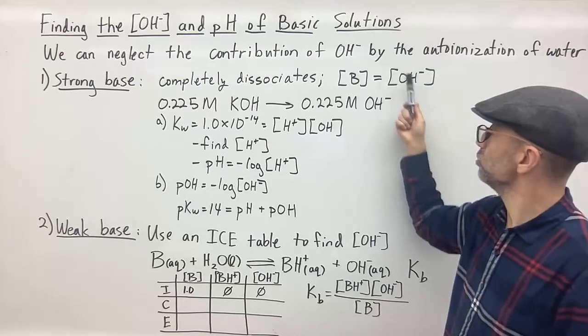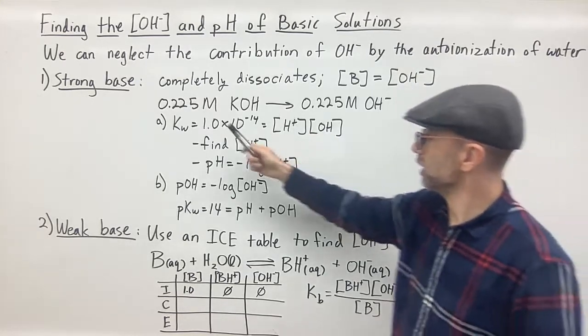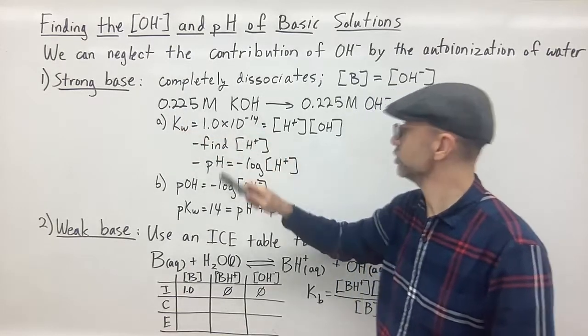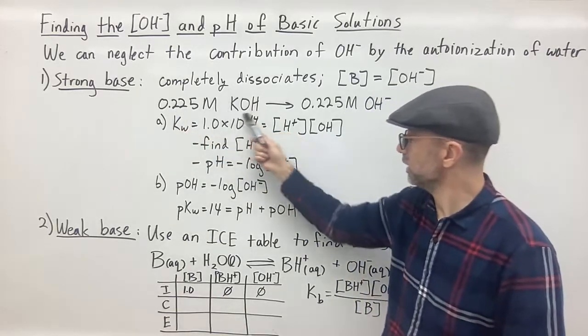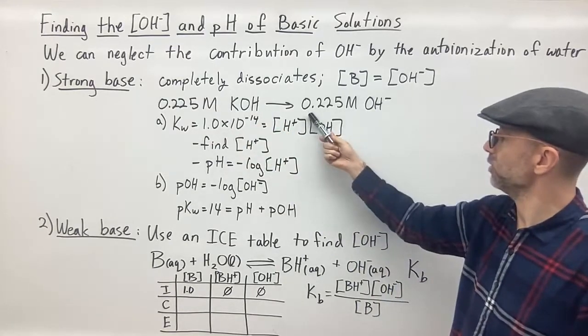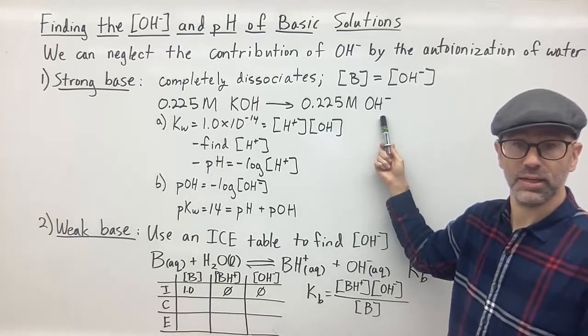So in this situation, if I have 0.225 molar KOH, and that's going to completely dissociate into OH minus and K plus, then I'm going to have 0.225 molar OH minus in solution.